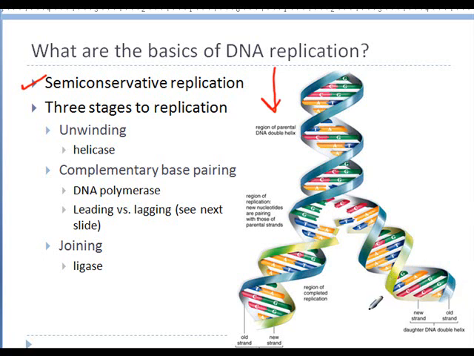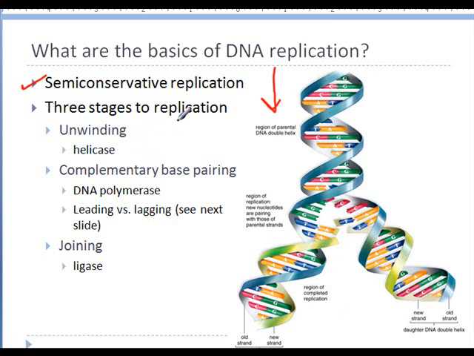If you can imagine a zipper being opened up, the template is acting on both sides as the old strand, and the new strand is then being added as a new nucleotide sequence, and this is the reason why it's called semi-conservative.